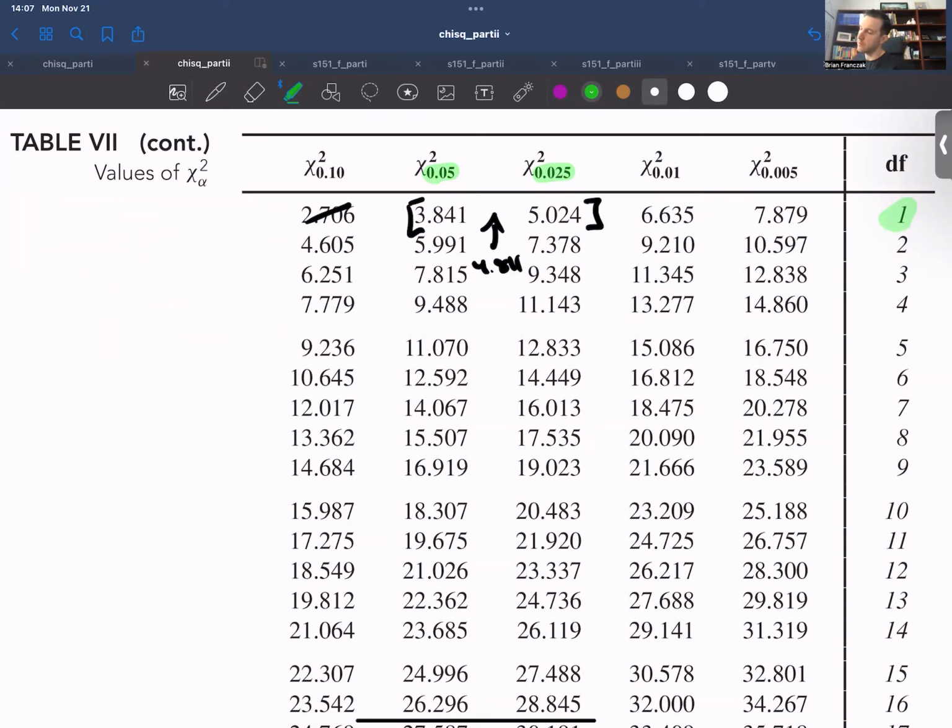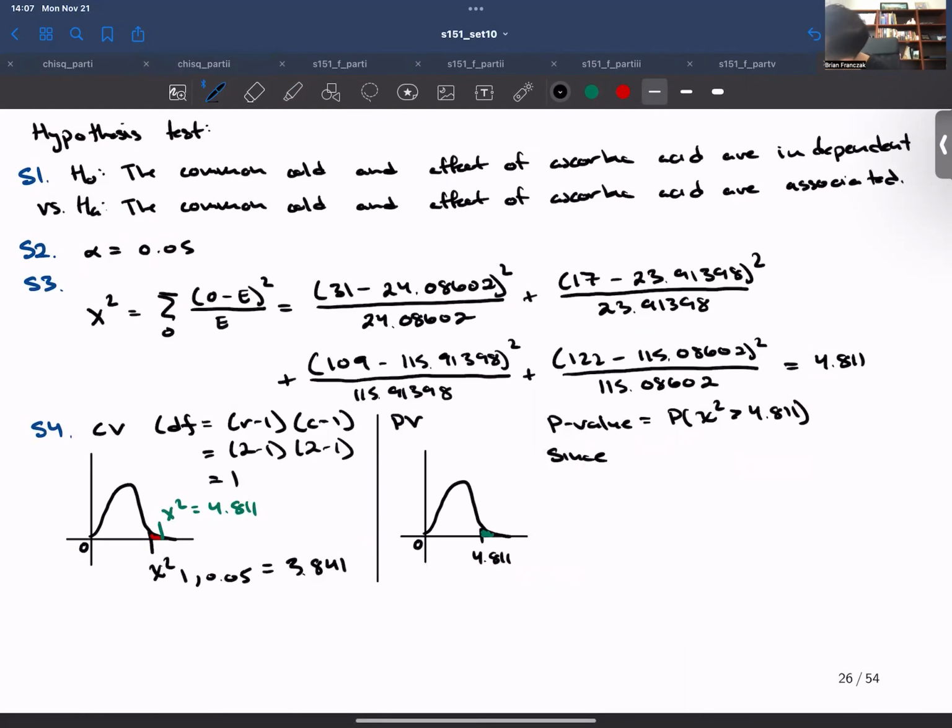So our p-value is going to be between 0.05 and 0.025. Okay, so we come back here and we can say that 0.025 is less than the p-value, which is less than 0.05.